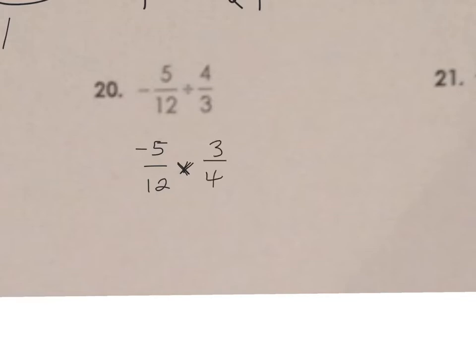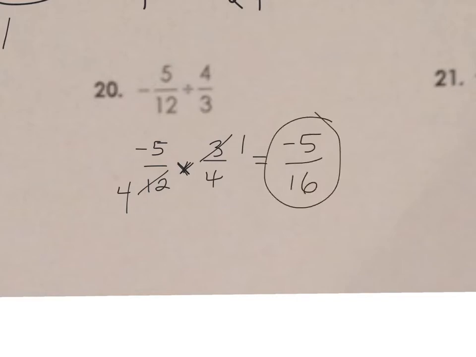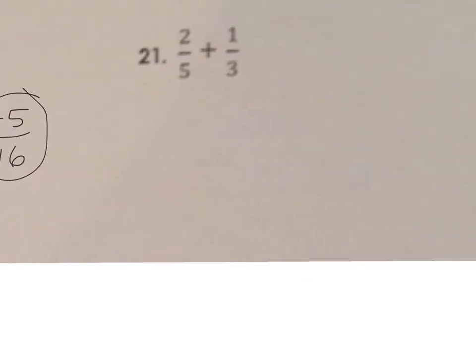Now this allows me to cross cancel. 3 goes into 3 once, 3 goes into 12 4 times, excuse me. Then I multiply straight across, and I would get negative 5 over 16.